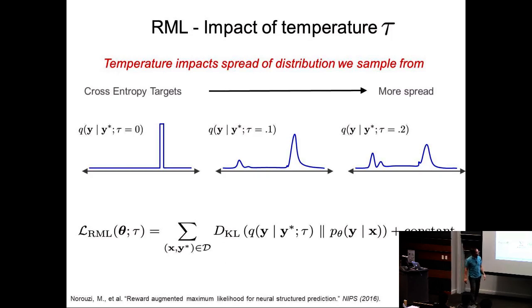But if you start increasing tau, you can say, you know what, I'm trying to predict this because that's the correct answer, but if I'm predicting these pieces, maybe that's okay. With tau more spread out, you can spread your distribution out. Think of the sentence that you're trying to translate. There is a correct sentence.